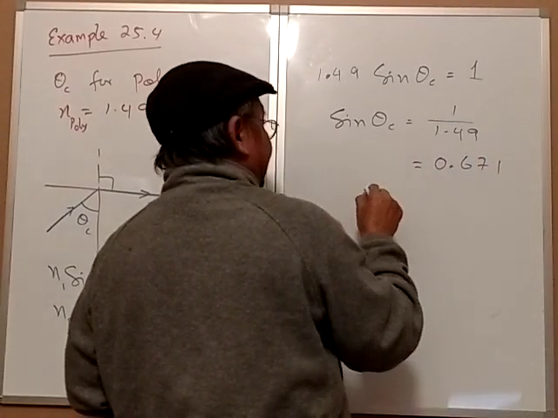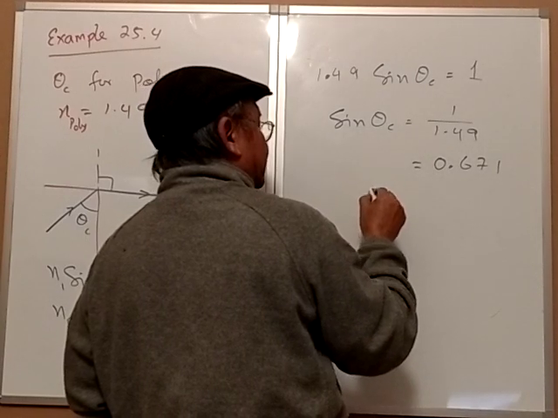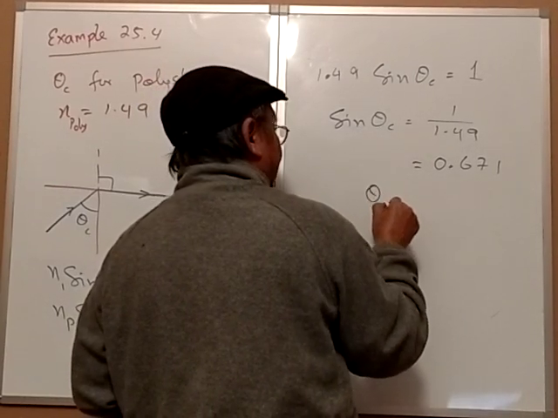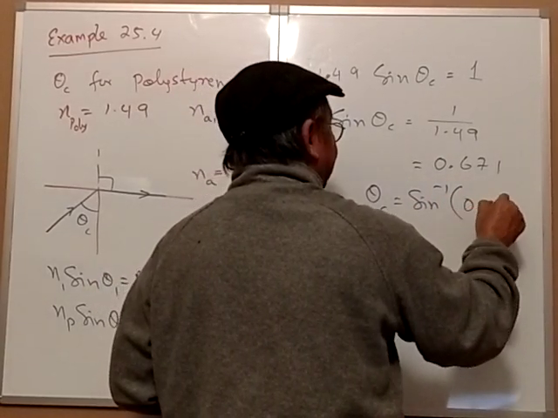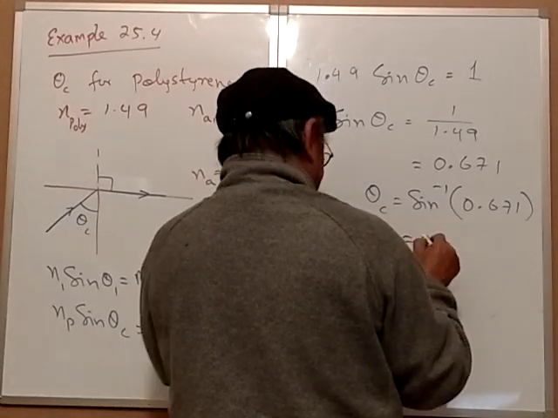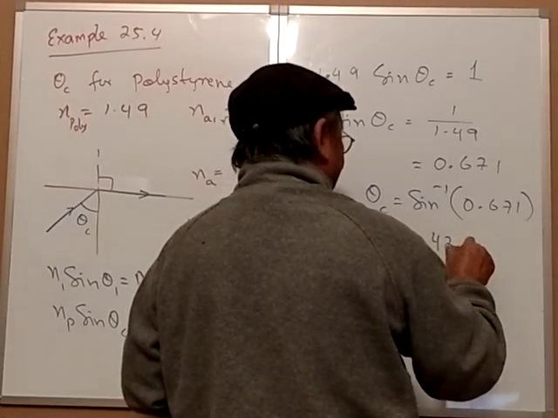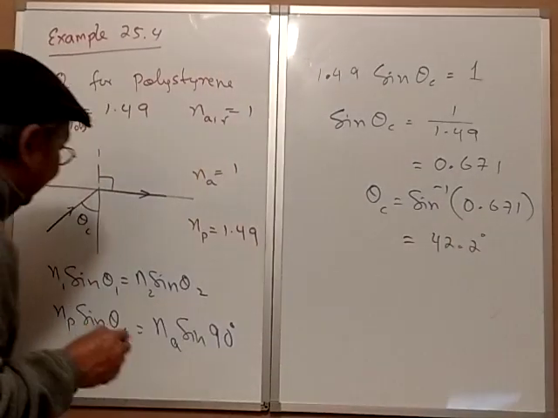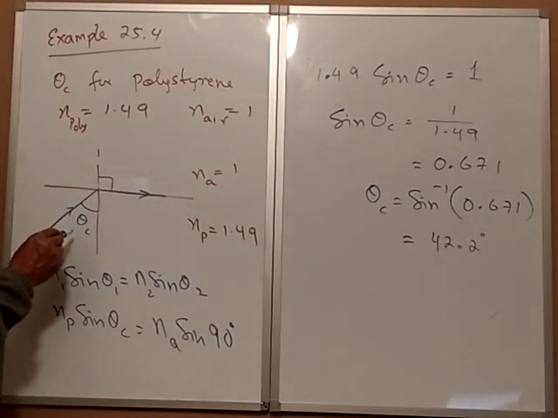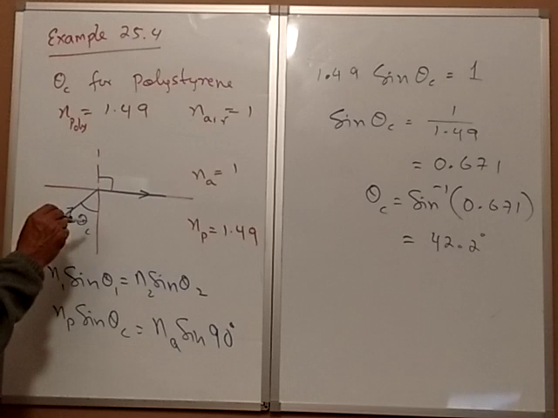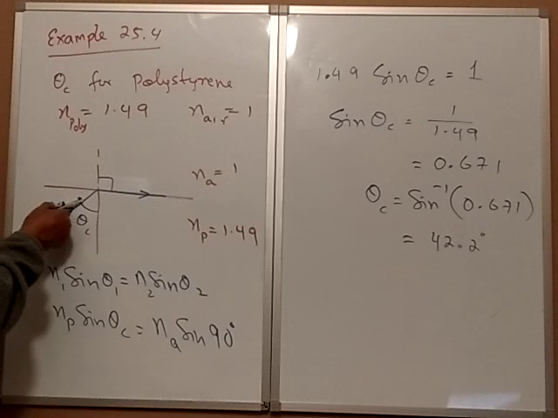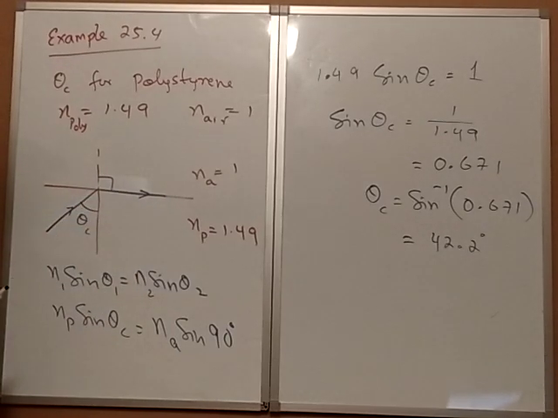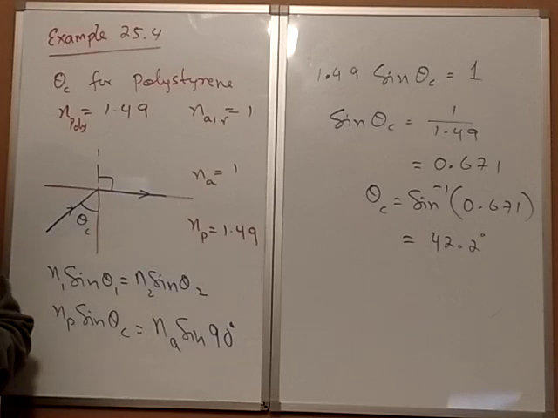Make sure you put it in degrees, not radians. Then your critical angle is sine inverse of 0.671, and the answer comes out to be 42.2 degrees. That means if the incident angle for polystyrene is 42.2, then the refracted ray will just go parallel to the surface. If the incident angle is any bigger, then it will be totally reflected back. Alright? Okay.